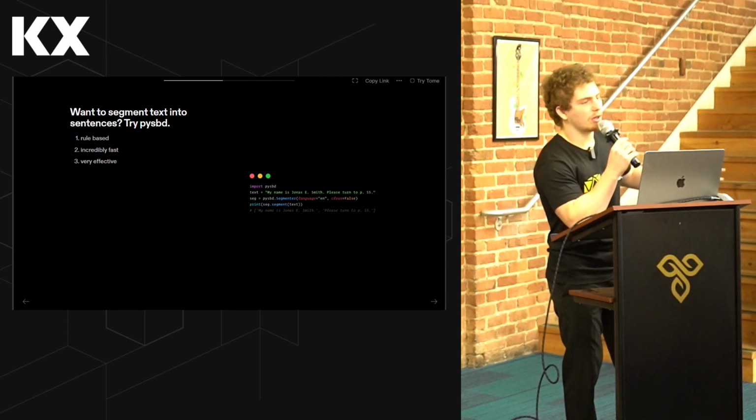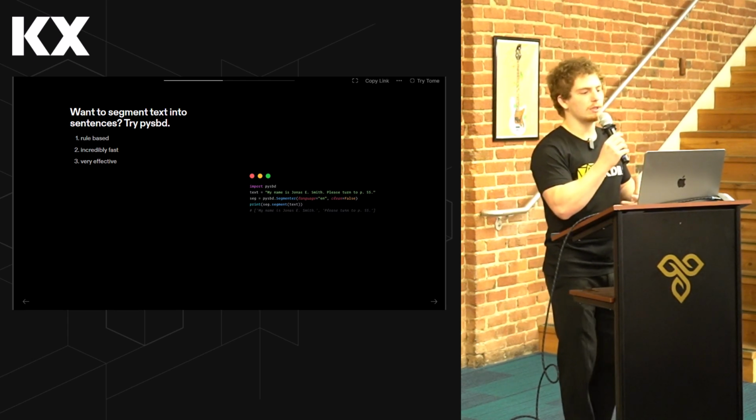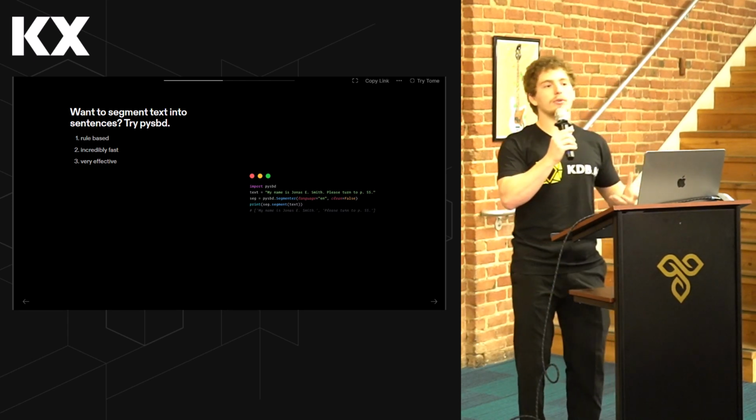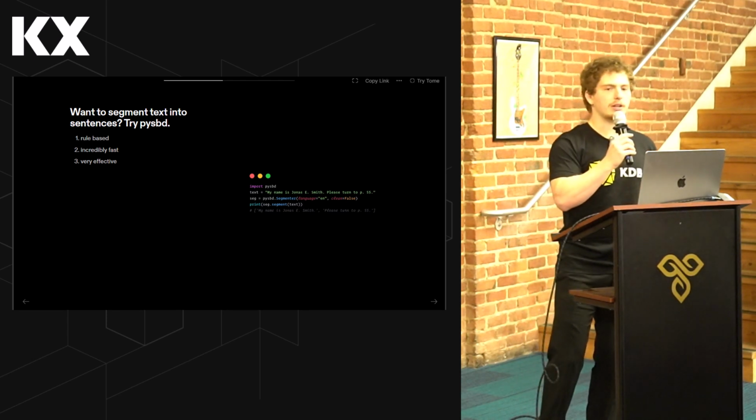So previously when we talked about semantic chunking, we spoke about these smaller parts that we're trying to merge. That's the whole idea of semantic chunking. But how do we actually generate these smaller parts? Well, one way is we could find delimiters and split on them. These delimiters might be an exclamation point, a question mark, or a period.